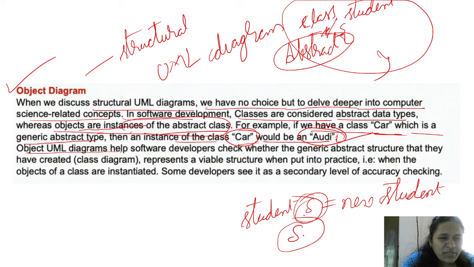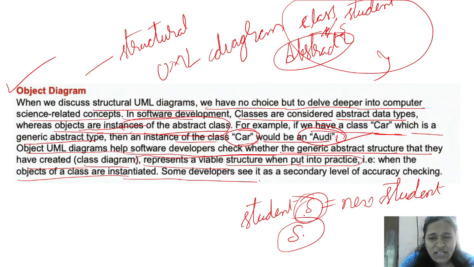Object UML diagrams help software developers check whether the generic abstract structure that they have created represents a viable structure when put into practice. Is it working well? Is the structure okay? We get to know that when creating the object. When the objects of a class are instantiated, some developers see it as a secondary level of accuracy checking.